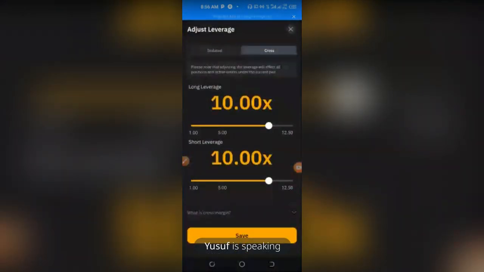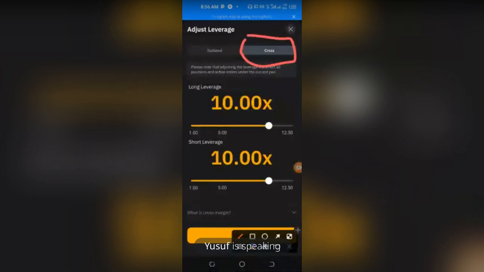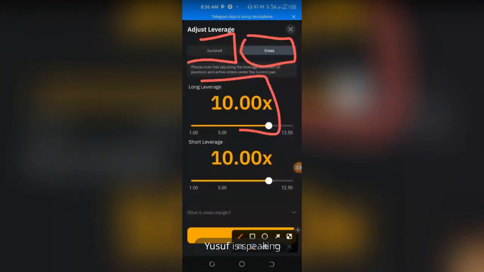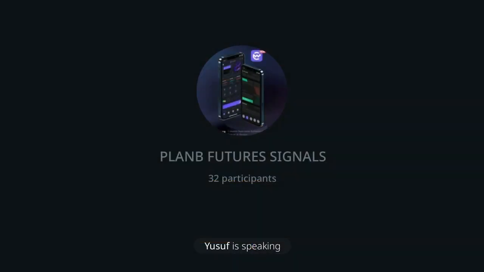Look at it. I can set my leverage here. Then I can set either I want to use cross or isolated. But let me first set this leverage. When I pick this 10x, let me leave it at 10x, or let's say 5x.